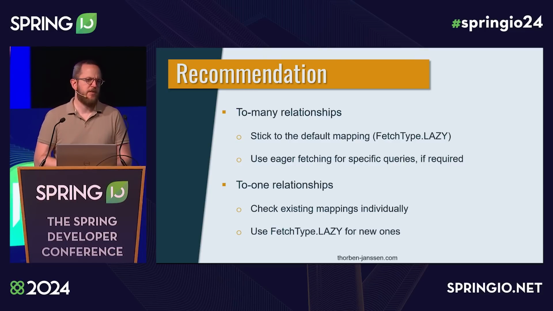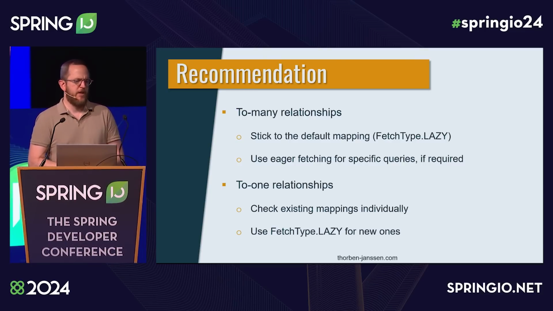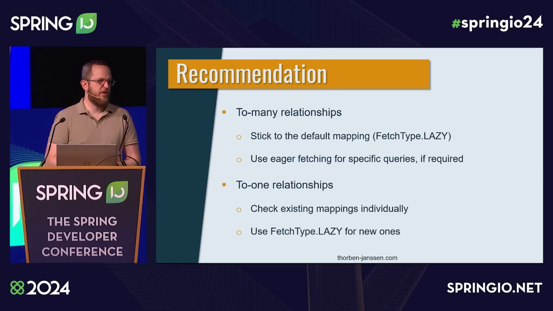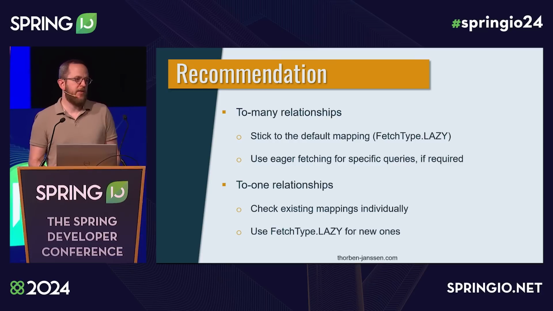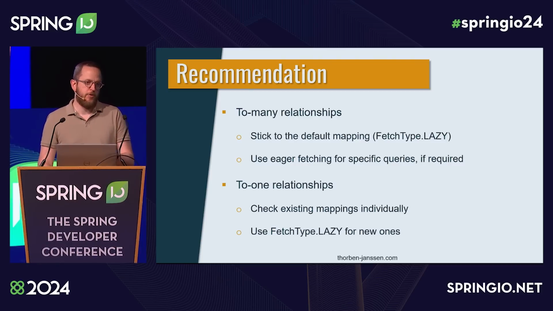Unfortunately, you still find answers on Stack Overflow and blog posts that tell you, yeah, that's a great way to fix the lazy initialization exception, just change the fetch type to eager. No, please don't do that. There's a reason why we are using lazy fetching, and that is to avoid executing queries that we don't need. You should stick to fetch type lazy for to-many associations, and I will show you how to use query-specific fetching in a second to then fetch these lazily fetched associations when you need them as efficiently as possible.